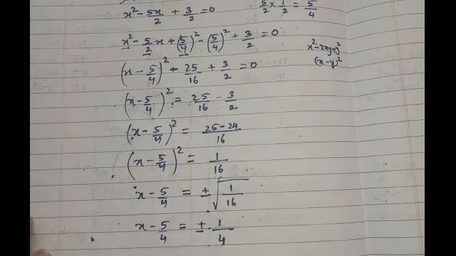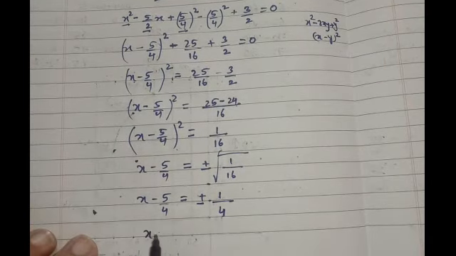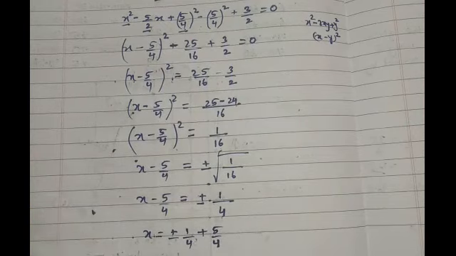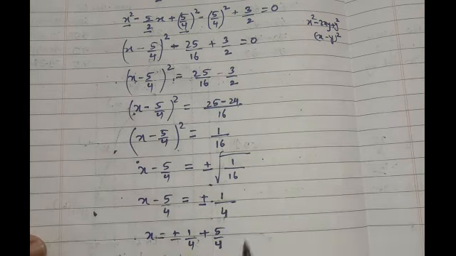Now transfer this minus 5 by 4 to the right hand side. x is equal to plus or minus 1 by 4 plus 5 by 4. We transfer this minus 5 by 4 to the right hand side, it will be plus 5 by 4.